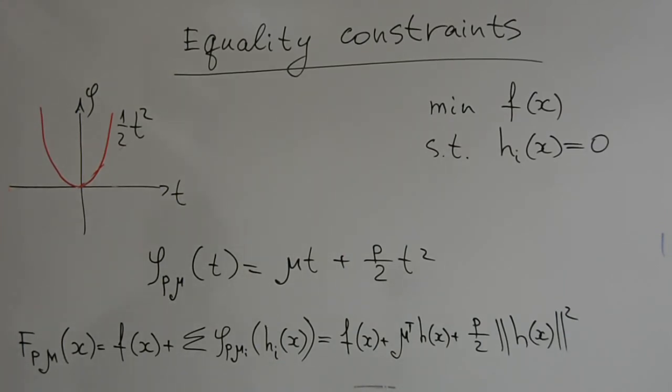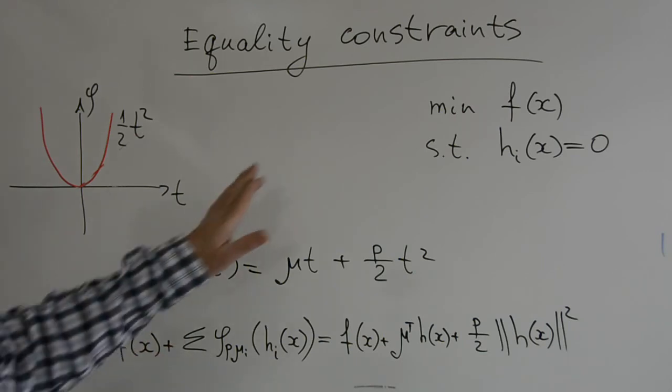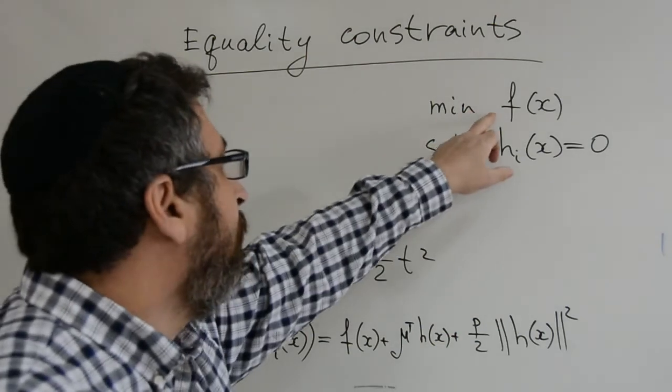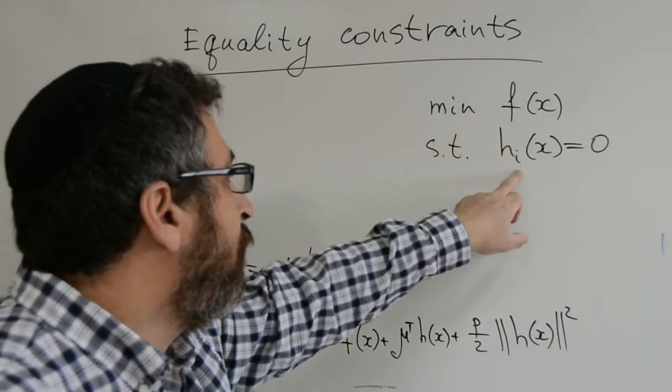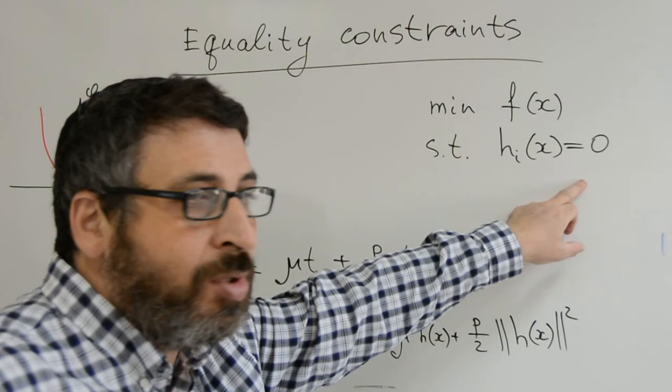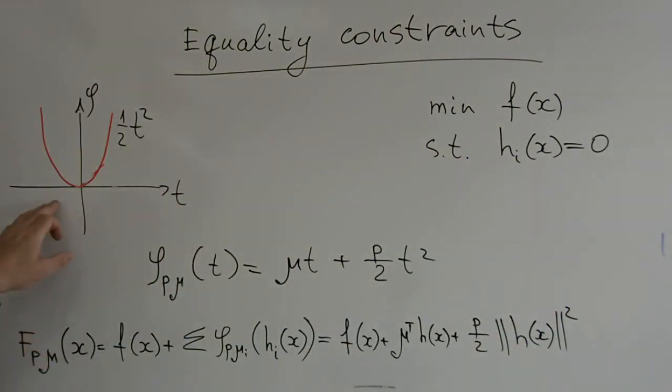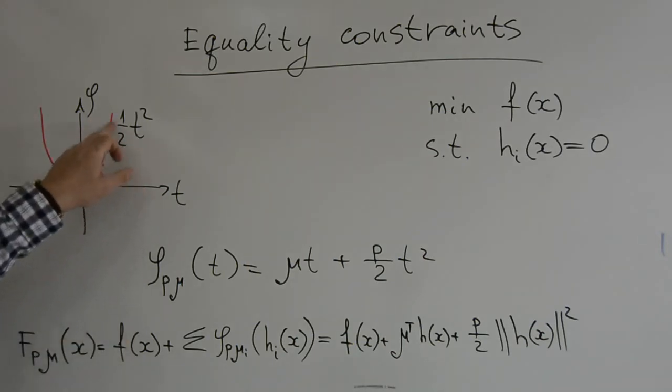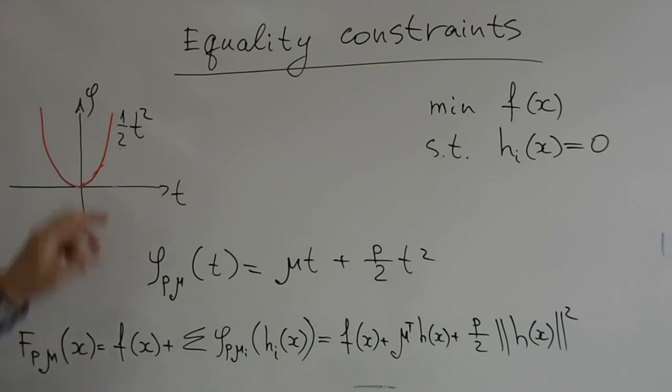Now, for problems with equality constraints, like here, minimize f of x subject to h_i of x equal to 0, we need a double-sided penalty. The simplest one is just the quadratic penalty, one half t squared, one half for normalization.